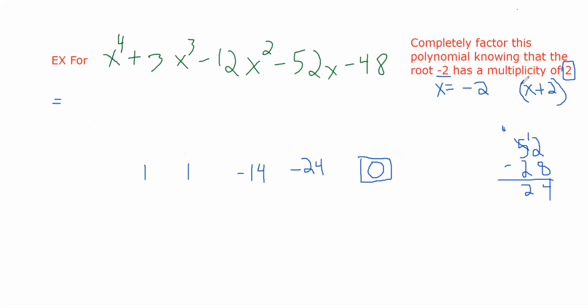The root was -2, but the factor is x plus 2. So it can be written as x plus 2 times the leftovers, a third degree polynomial: x cubed plus x squared minus 14x minus 24.